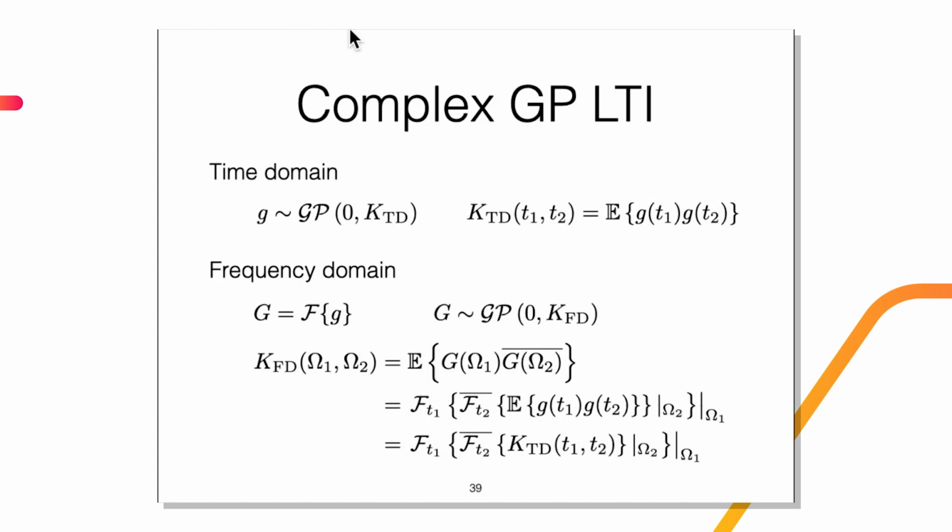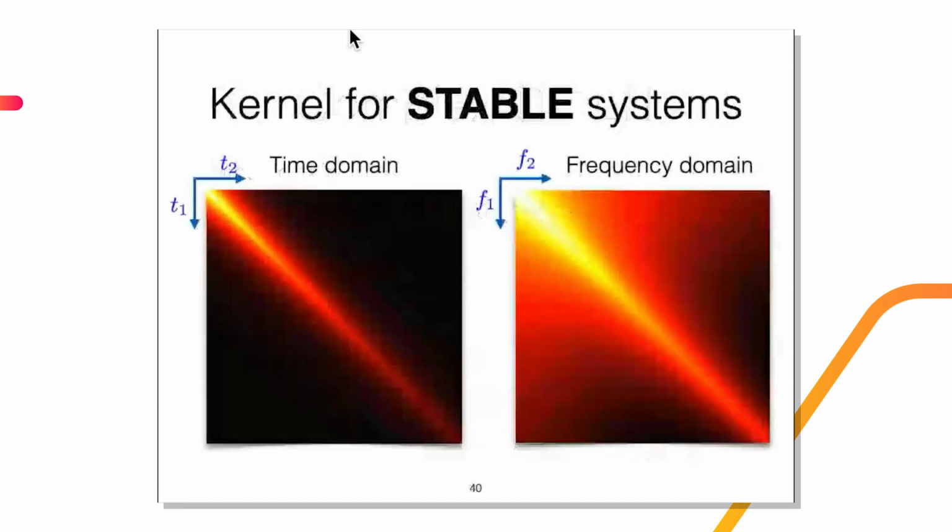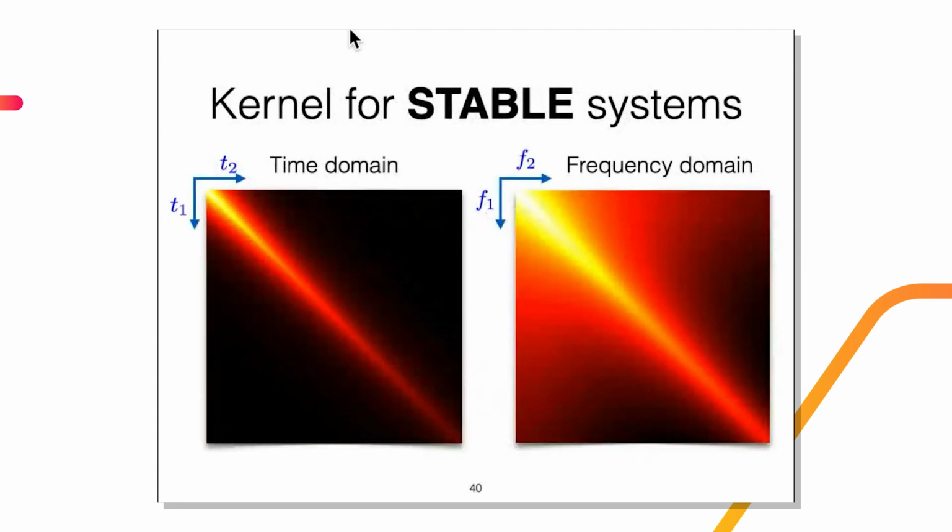I will not go very deep into that. You apply a two-dimensional Fourier transform, and you get the frequency domain kernel. That's what you see here on the right-hand side, the frequency domain kernel. That's the kernel that we're going to use as prior knowledge to describe the prior distribution of the transfer function to be estimated.